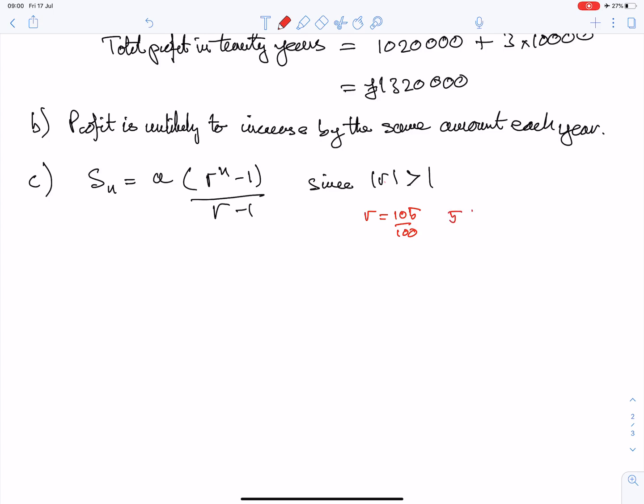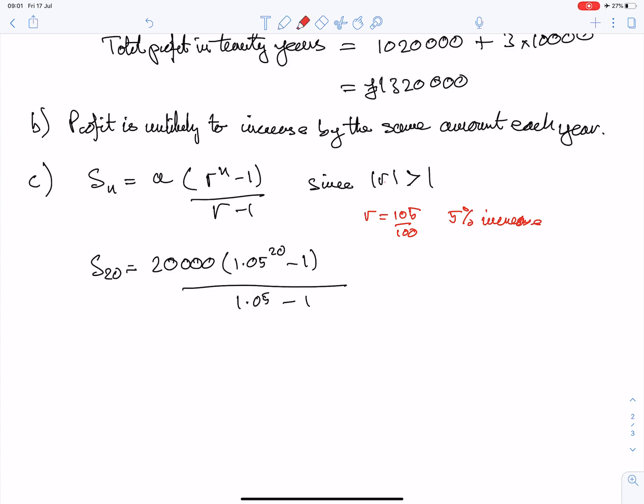That's our 5% increase year on year. Okay, so S20 then is equal to A, which is still going to be the starting value, times 1.05 to the power 20, take away 1, divided by 1.05 minus 1. The 1.05 is 105 over 100, which is our R value.